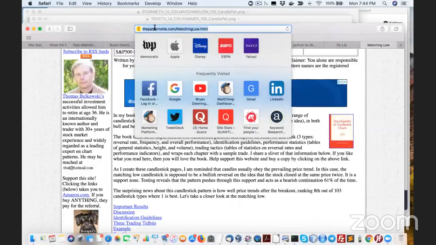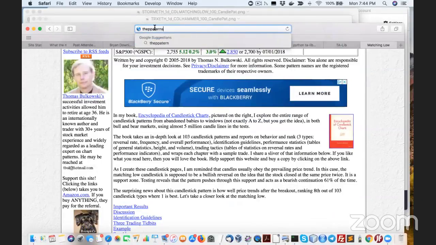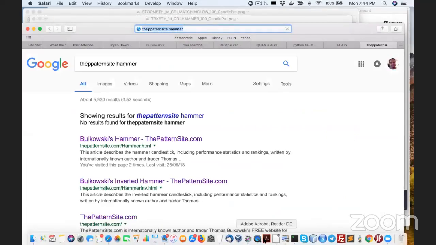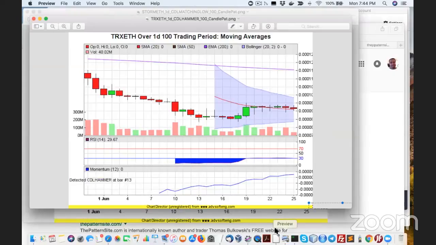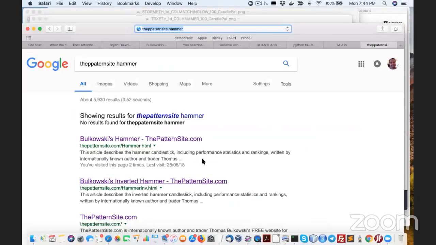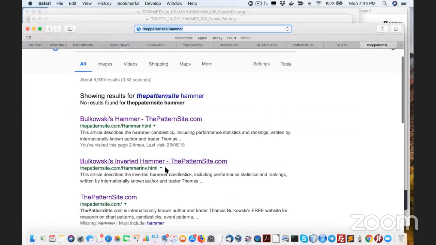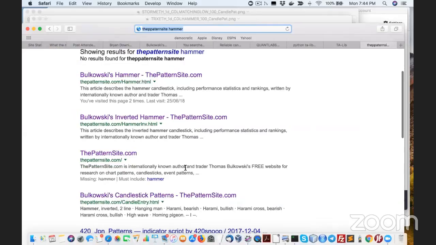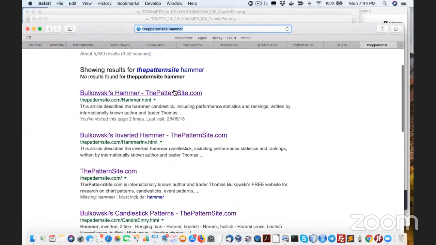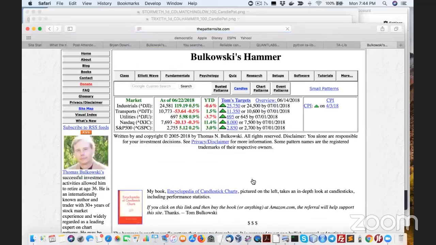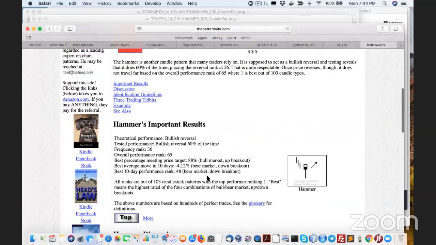If we go to the pattern site, hammer, I believe that was a bullish. Yes, so that's a bullish. We can detect inverted hammers, but I guess it's this one we want.